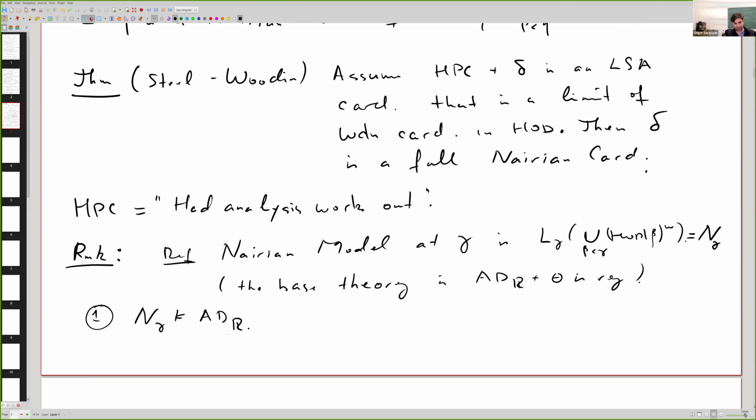The reason being, ADR is a little bit involved, but AD is easy, because N gamma has all the reals. So any game on integers that was determined in the parent model has a winning strategy that is a real, so it belongs to the Nairian model. AD is easy. ADR is a little more tricky, but not much. And two, theta of N gamma is always the largest Suslin cardinal.